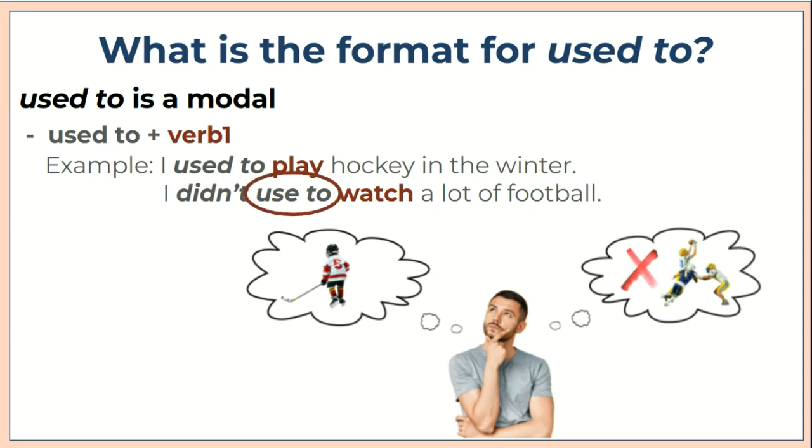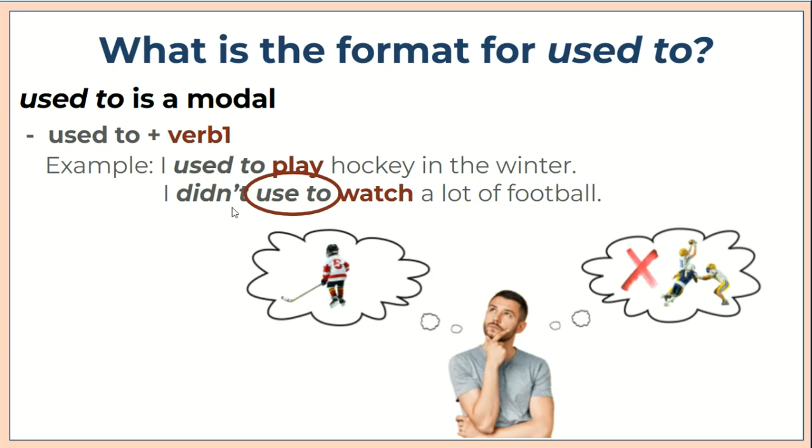I need to point out here too that when we use the negative didn't used to, we drop the D on used. Okay, so we don't want to say didn't used to, because again, used to means something we did in the past that we don't anymore, right? So used to is functioning as this past tense modal.